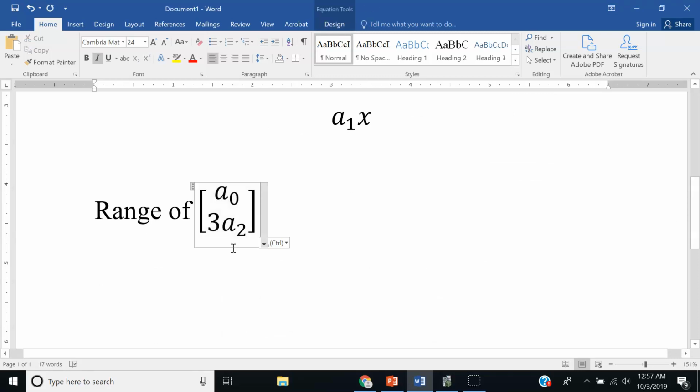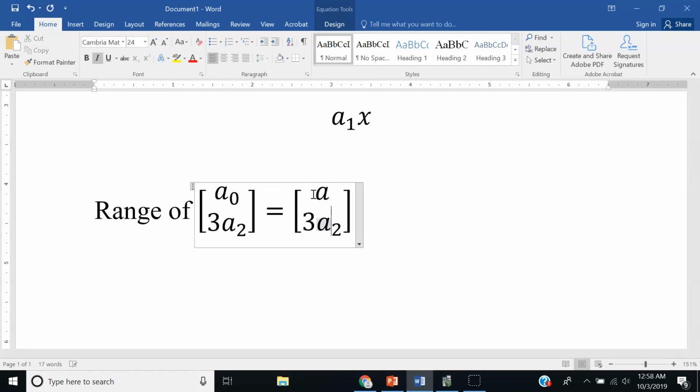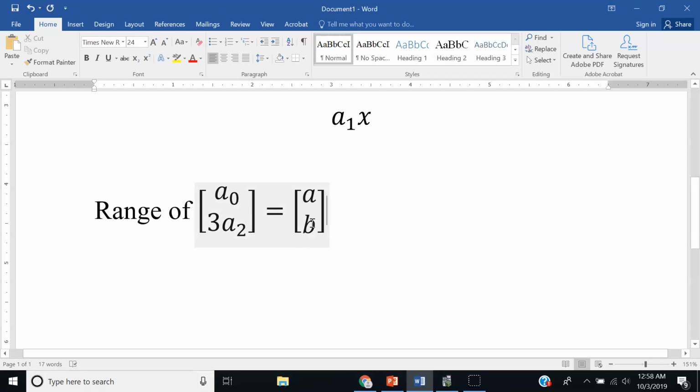The range of this transformation, well, a0 can be any number we want, and a2 can be any number we want. So the range of this transformation is quite simply any number we want. I'll just put a for any number we want in the first entry, and any number we want in the second entry. So the range is essentially all of R2.